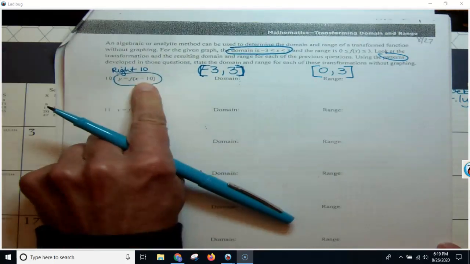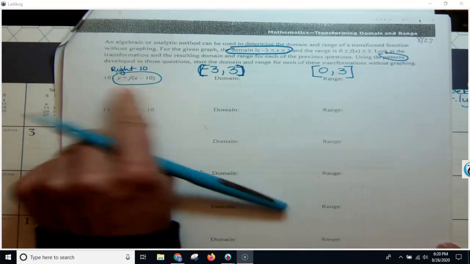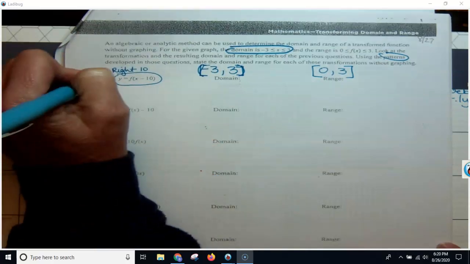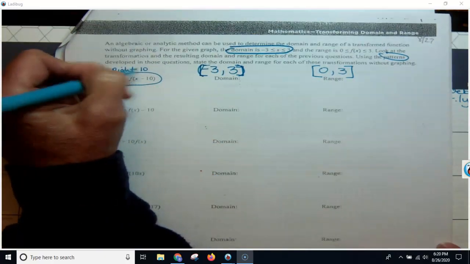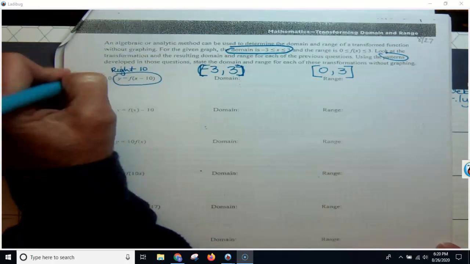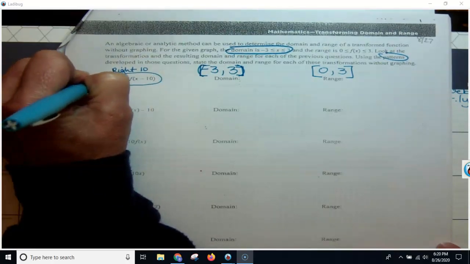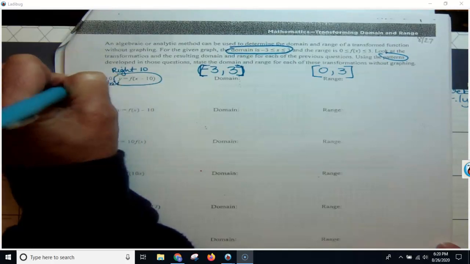Okay, how do I know that? Because remember, if it's in the parentheses, it's the opposite. Instead of going to the negative side, it's actually going to the positive side. This is a horizontal shift.